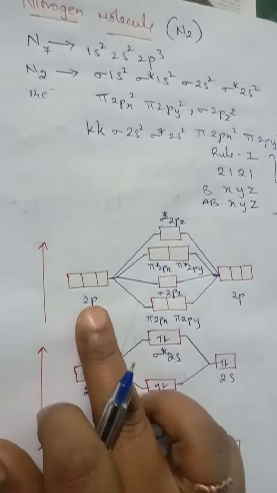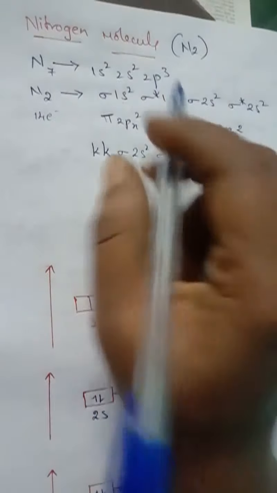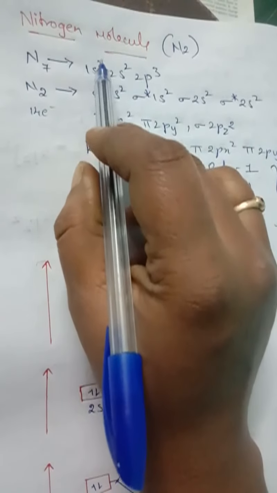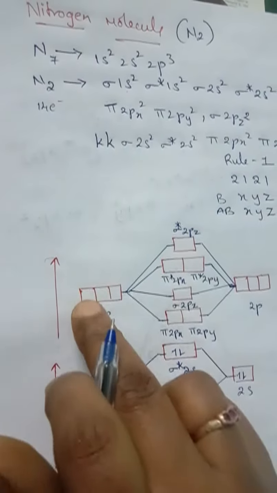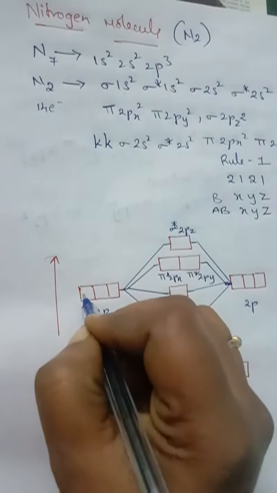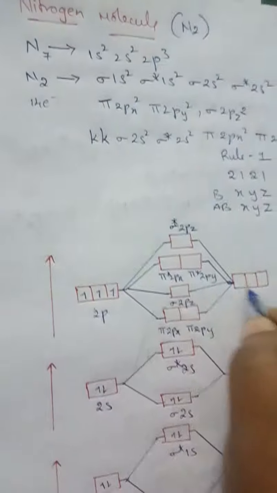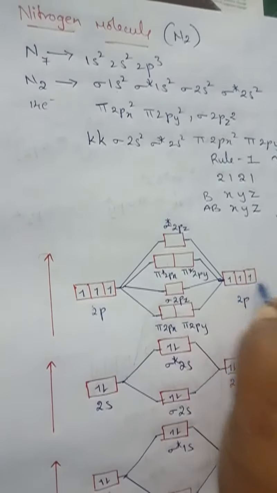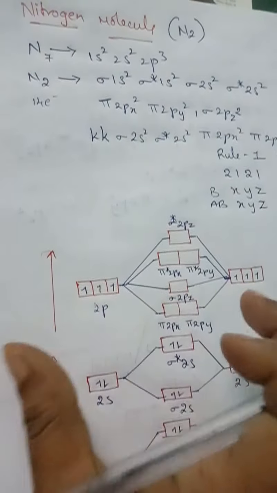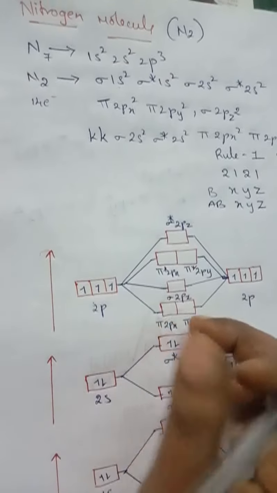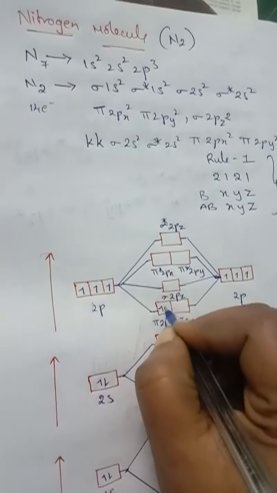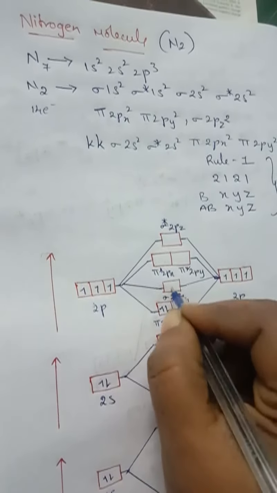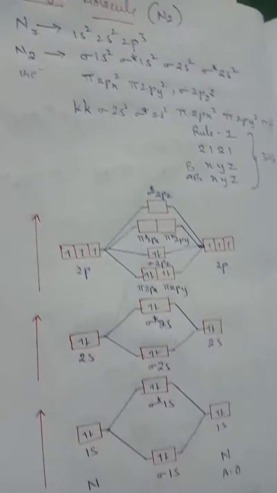Now comes the 2p orbital. According to this electronic configuration, look here: 1s2, 2s2, 2p3, isn't it? So each orbital contains one electron: 1 2 3, here also 1 2 3. These atomic orbitals are combined to form molecular orbitals. Here a total of 6 electrons are there: 1 2 3 4 5 6.